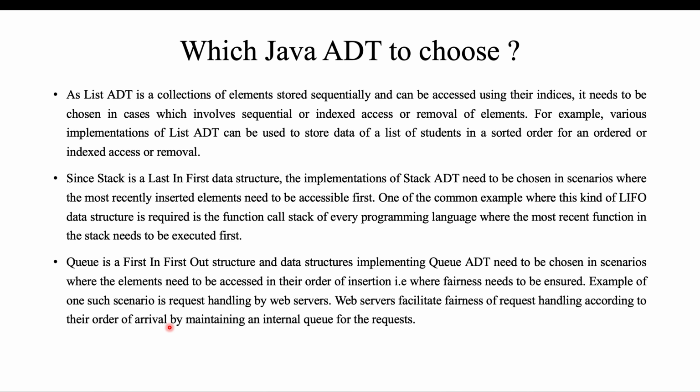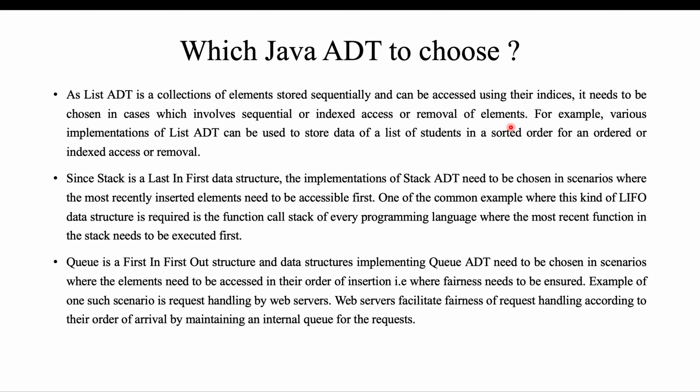Now talking about which Java ADT do we choose. Suppose we are considering a list ADT. It is a collection of elements which are stored sequentially and can be accessed using indices. So we use different indices in order to access the elements of the list ADT. It needs to be chosen in cases which involve sequential or indexed access or removal of elements.